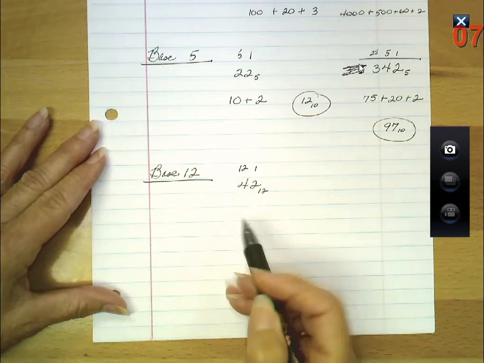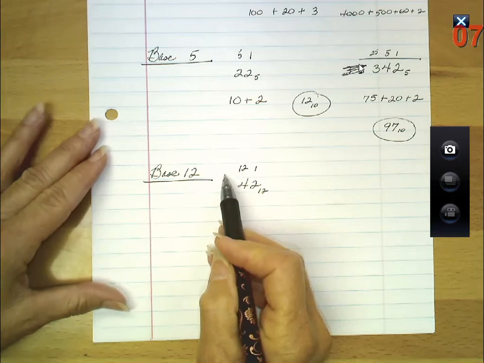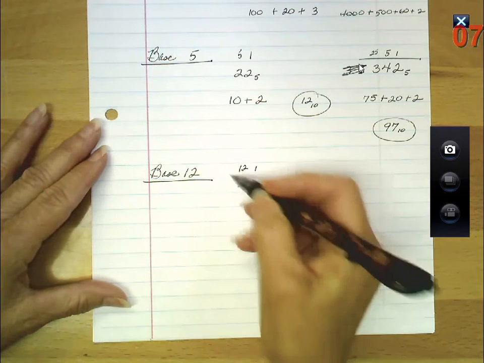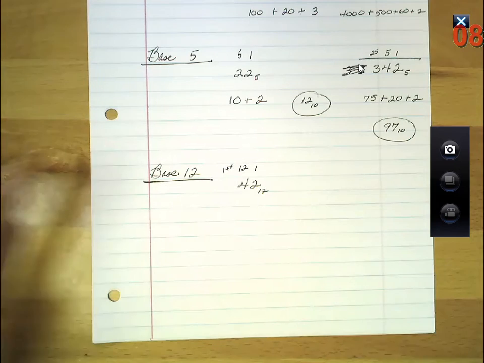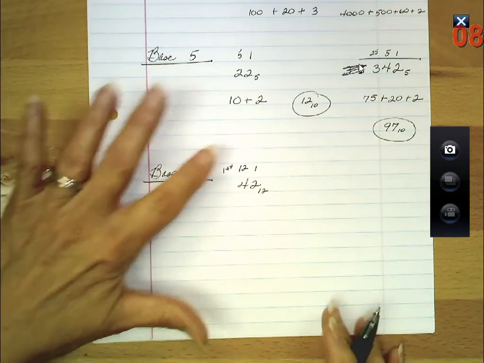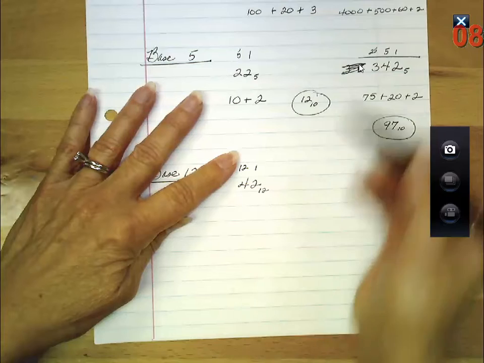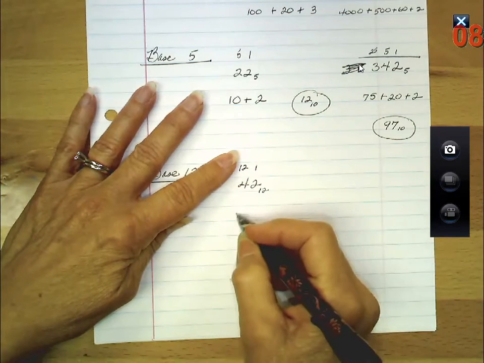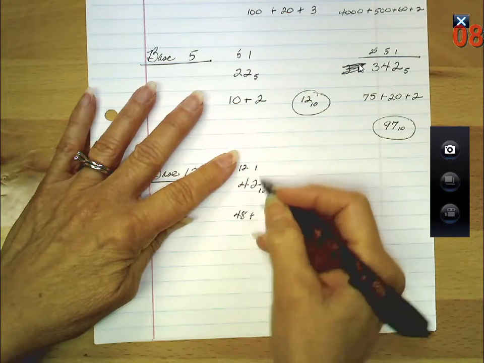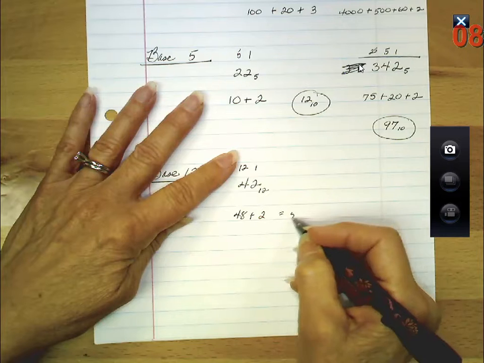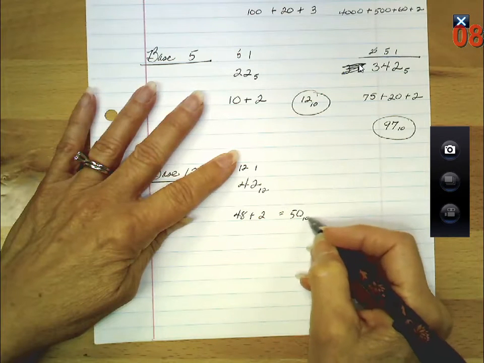Okay. If I had another number, what would that one be? 144. Okay. But in this particular one, we don't need it. We just need the ones and the 12s column. Now, we do what we did up here. We multiply 4 times 12 is 48, plus 2 times 1 is 2, so that's 50 in base 10.